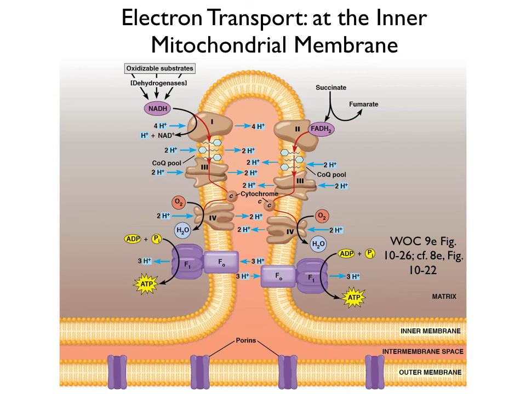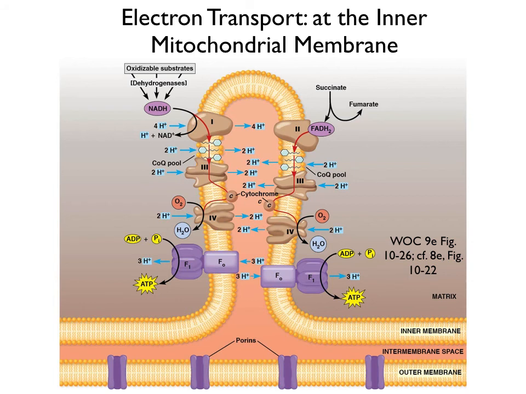You see that they're embedded in the membrane. That's the big brown blobs. Then there are some light blue components, things like coenzyme Q that allow transfer between complexes 1 and 3 and complexes 2 and 3.